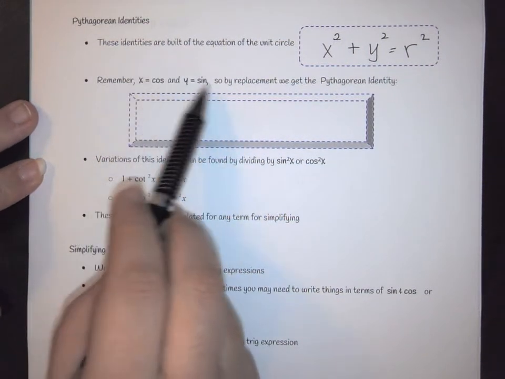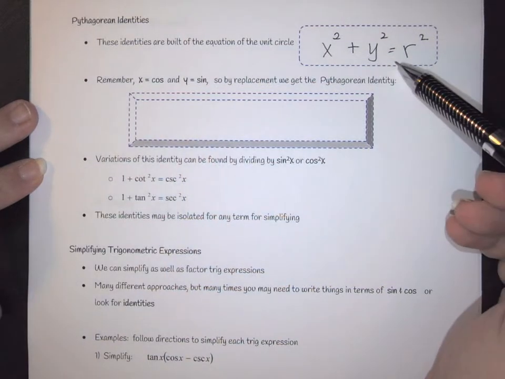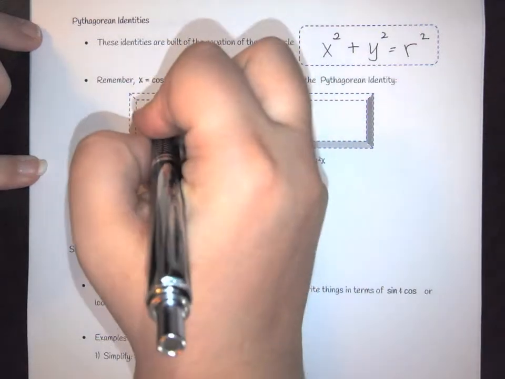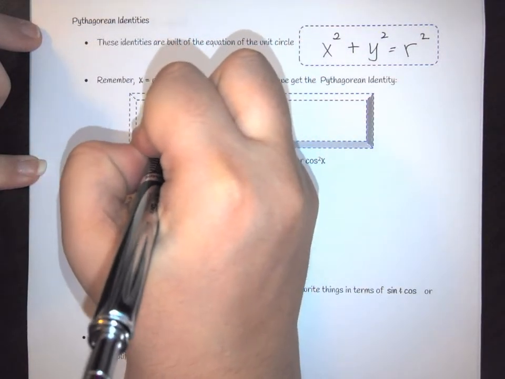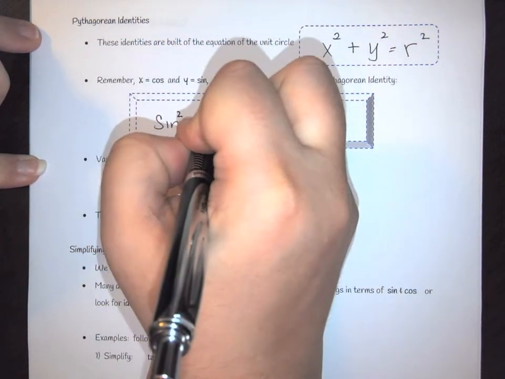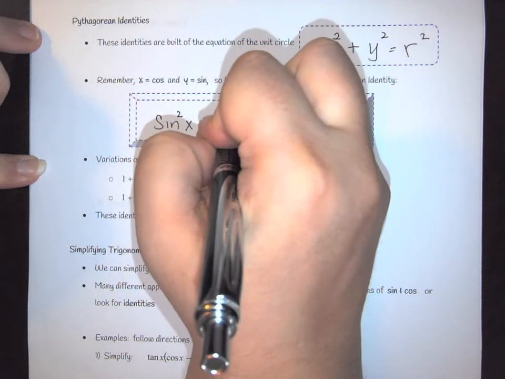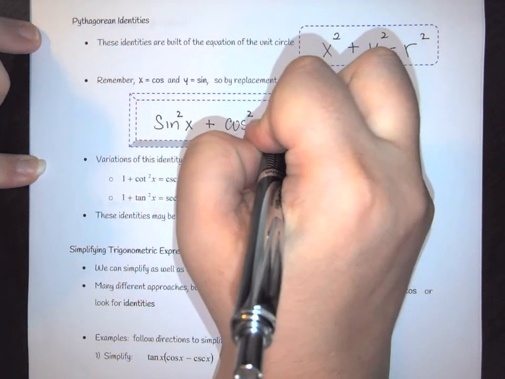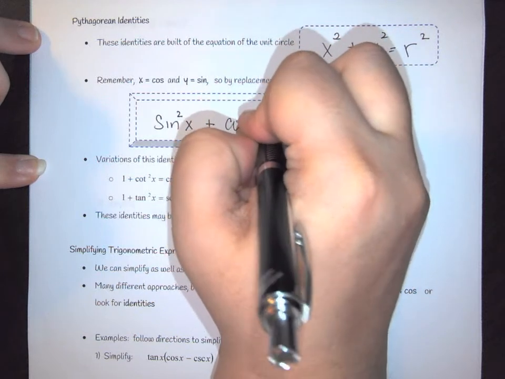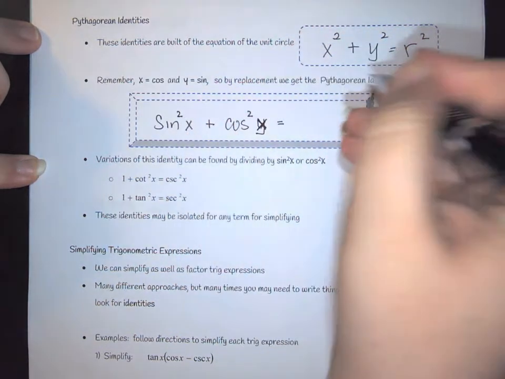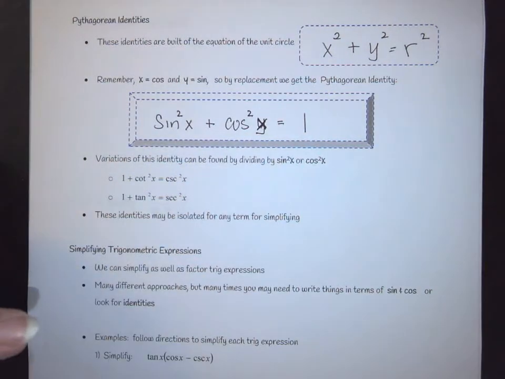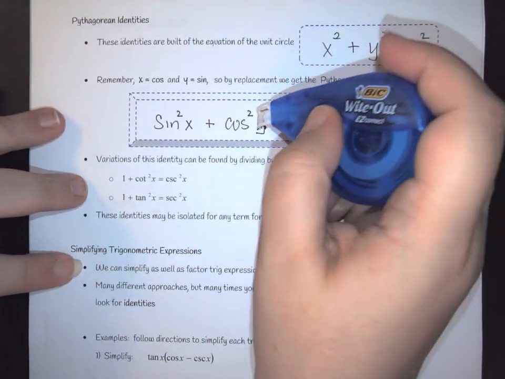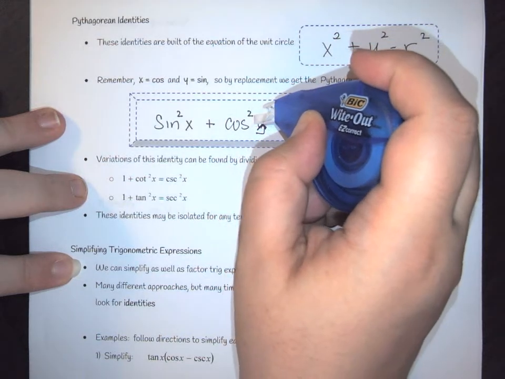So if we replace those 2 ideas into my Pythagorean identity, we would also have that the sine squared of x plus the cosine squared of x is equal to 1. Okay? Hang on, let me make that change here.